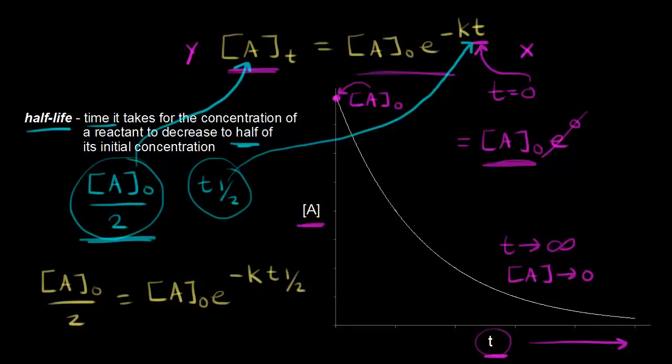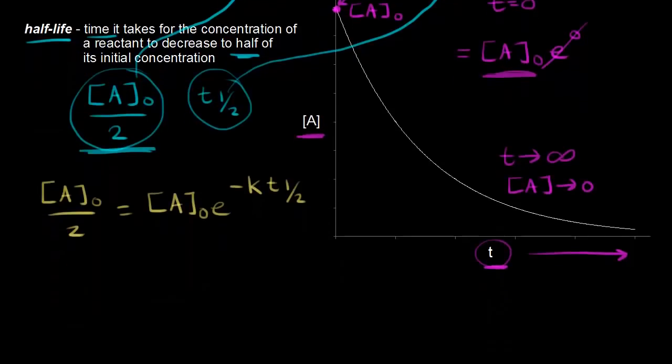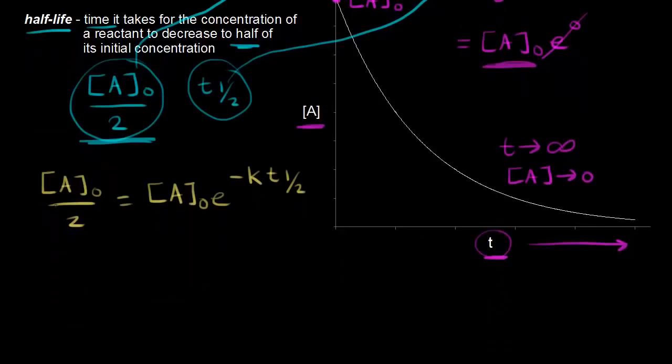We're going to find the half-life for a first-order reaction. All right, let's get some more space down here. We can immediately cancel out our initial concentration of A. So now we have 1/2 is equal to e to the negative kT1/2. Next we need to get rid of our e here, so we can take the natural log of both sides. So we can take the natural log of 1/2.